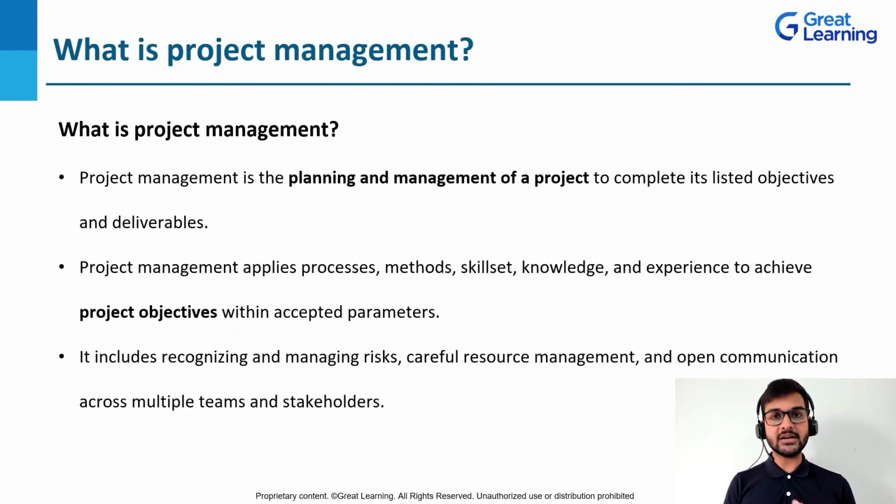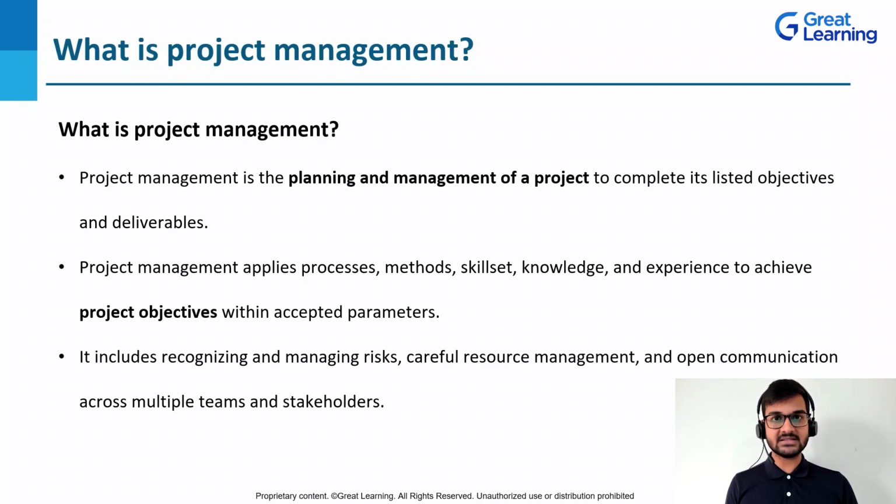Now moving forward, let's understand what project management is. We have understood what exactly a project is, but why do we need to manage things in a project? What is the need or the meaning of project management? Project management is the planning and management of a project to complete its listed objectives and deliverables. As I already mentioned, a project is a series of tasks to make sure that we reach the desired position.